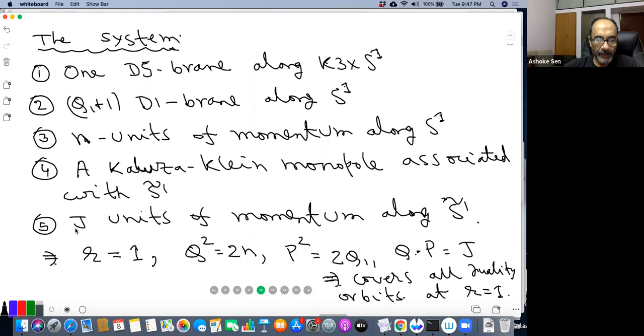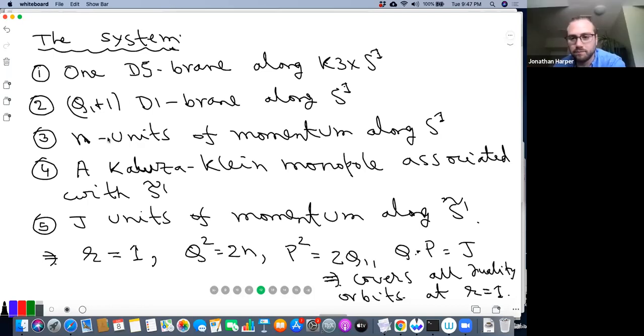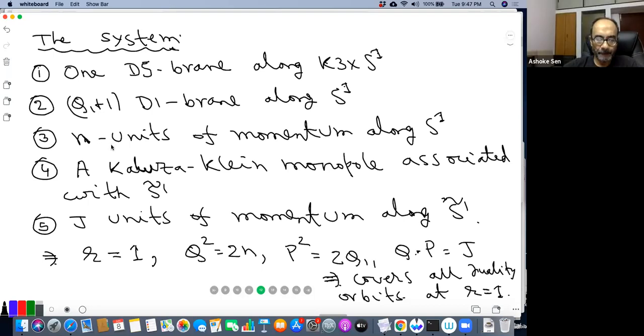Or 2 D5, 2 Q1 plus 1 D1 and 2 N units of momentum. So these are the 2 ways you can get R equal to 2. If you want general R, you basically take multiples of that R, the numbers.